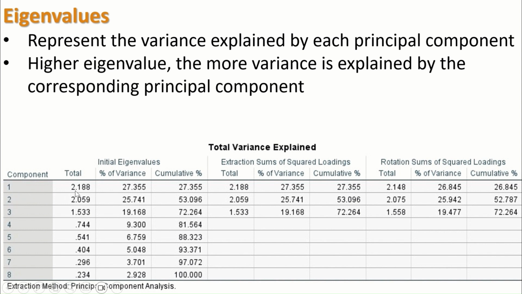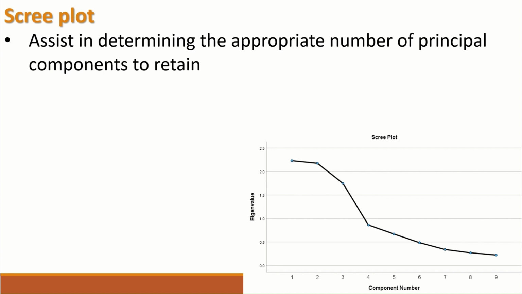Component 1 explains 27.3% of variance. The second component explains 25.7%. The third is 19.1%. The three components together explain 72.2% of the variance.